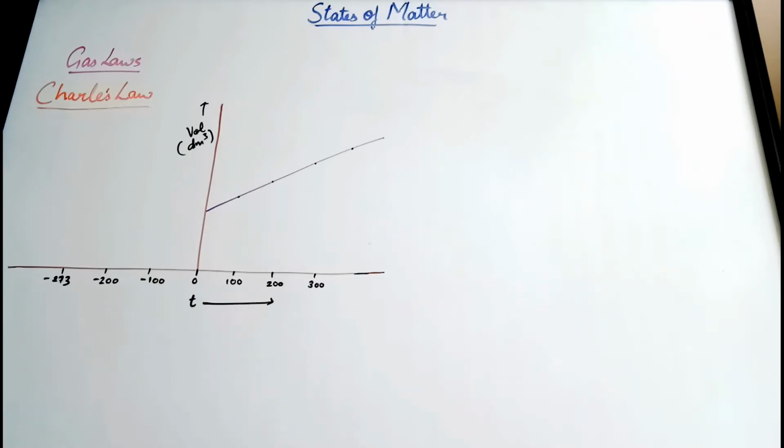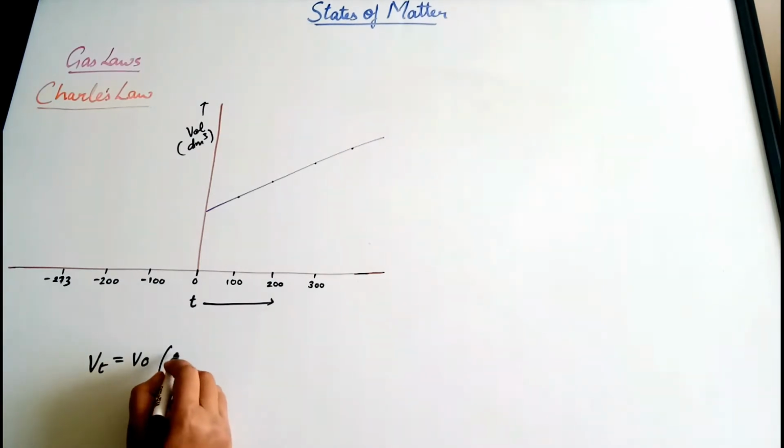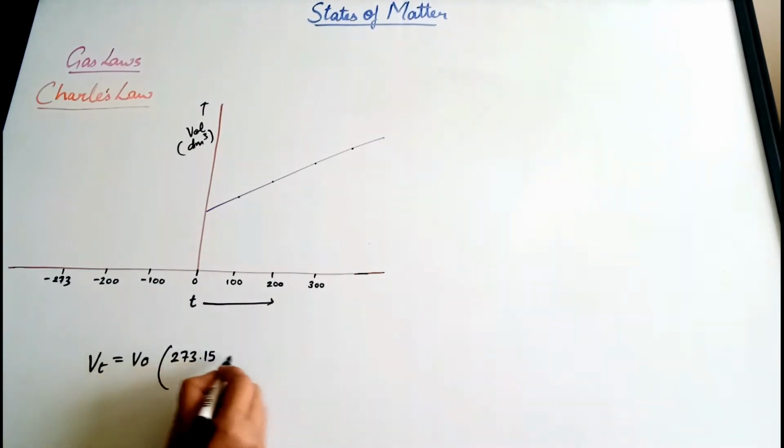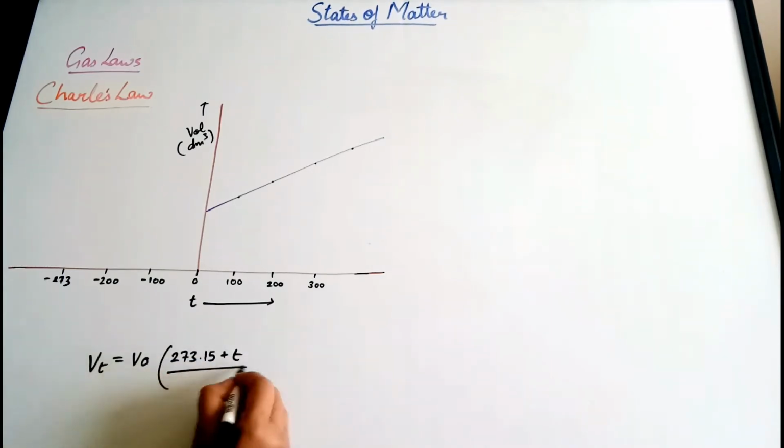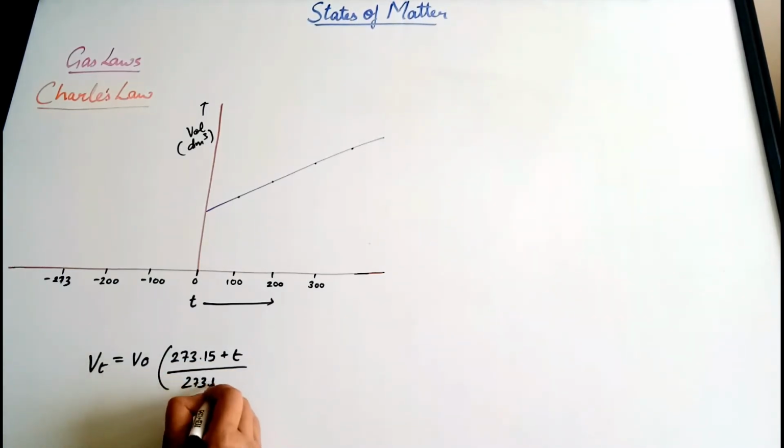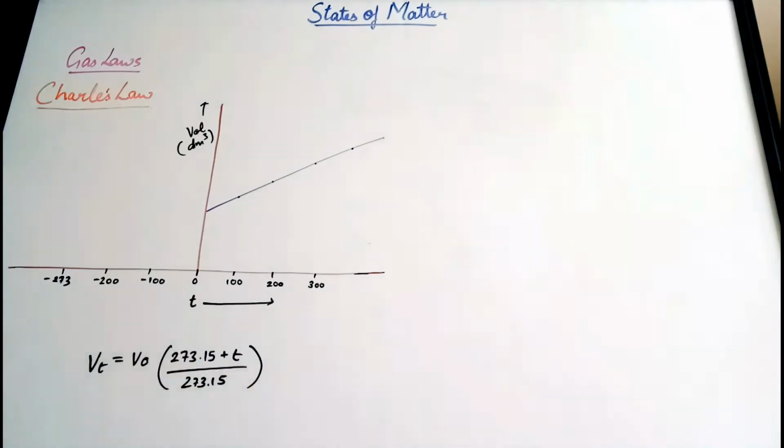The basic equation at the end of the video was Vt, that is the volume at a particular temperature T, equals V0, that's volume at 0 degrees Celsius, into (273.15 + T) by 273.15, where T is a particular temperature.